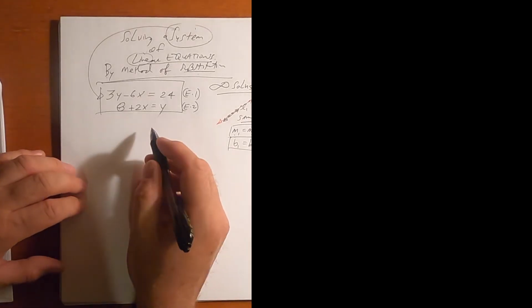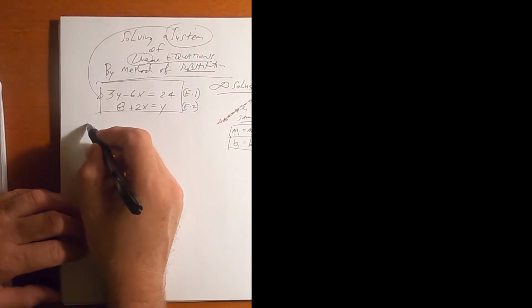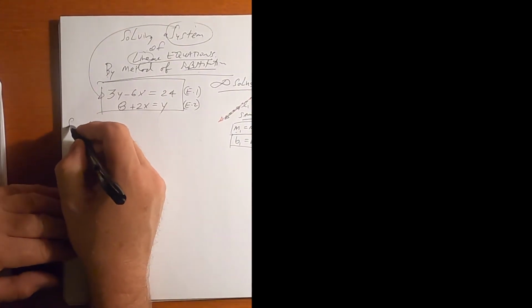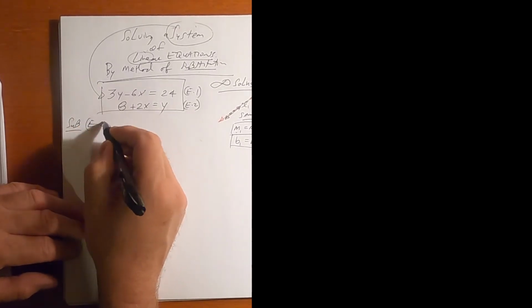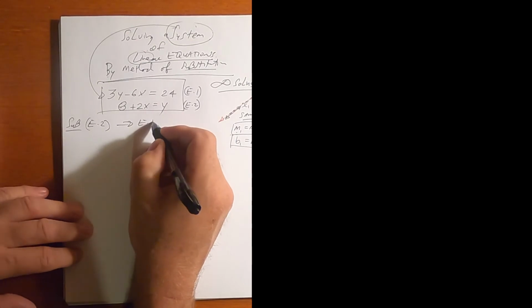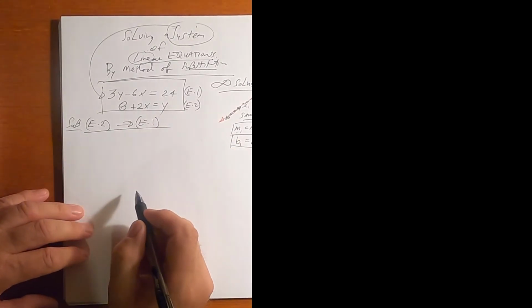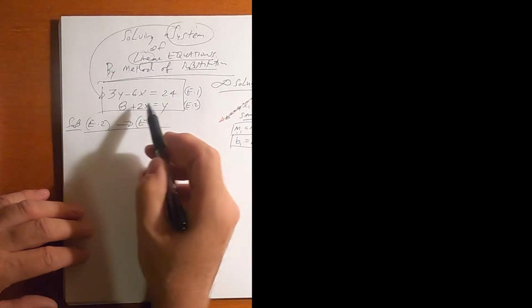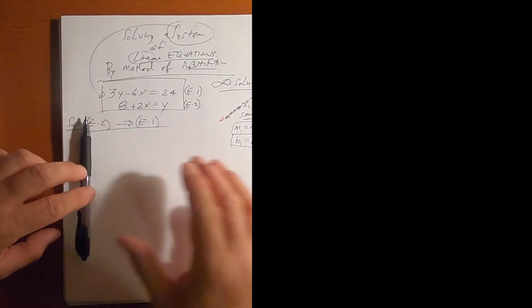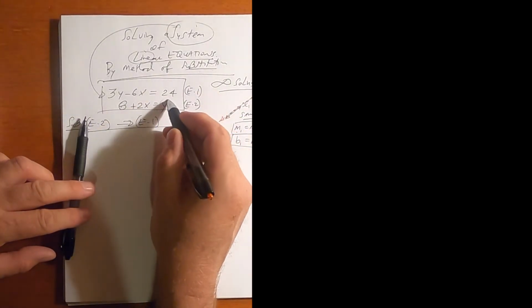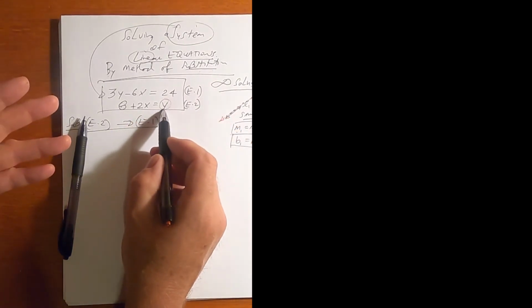All right, so I'm going to tell my teacher what I'm doing. I'm substituting E2 into E1. Okay, that's what I'm doing. Why did I substitute E2 into E1? Well, look, I already have y isolated over here, so there's no work to do.